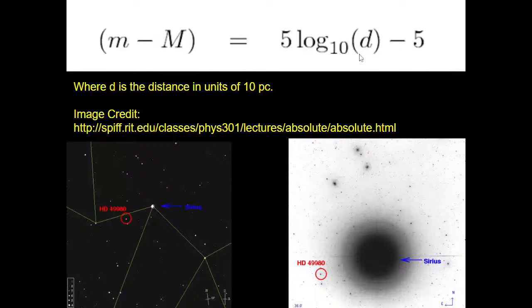Right, so I hope I made it clear as to what an apparent magnitude is and what an absolute magnitude of an object is. As an example, take the Sirius A star.